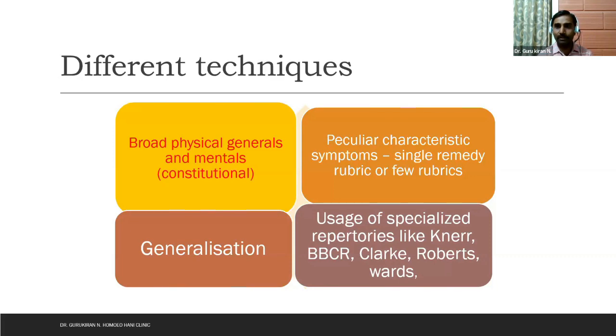Which is best suited to a particular case, then we have to opt for that approach. By using repertory as a tool, we have to crack a case and reach the similimum. So these are the different techniques we have to consider in approaching a case.